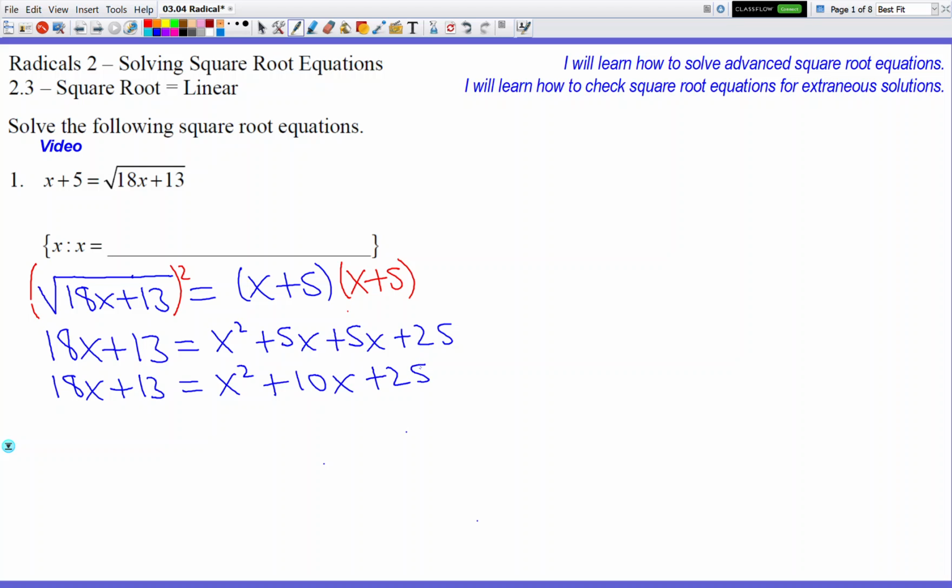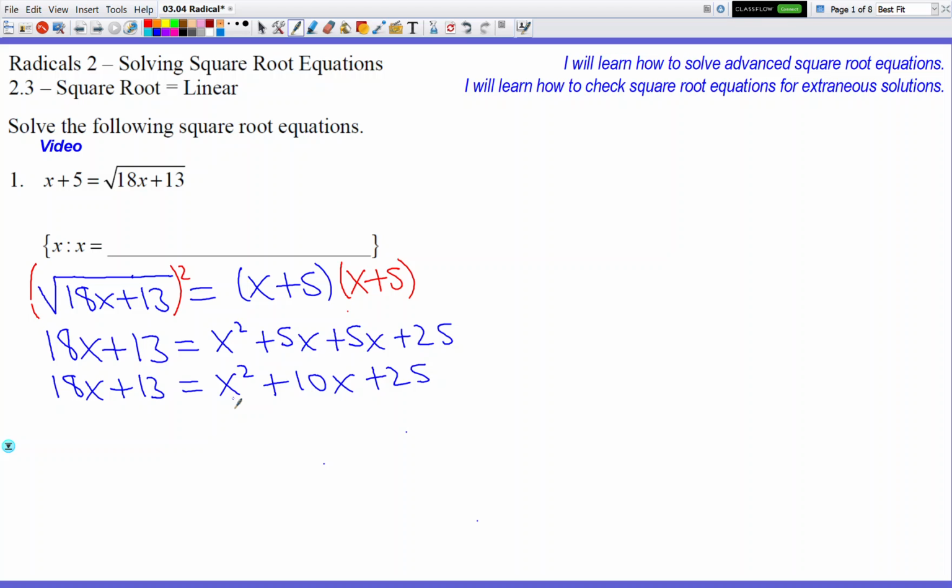Okay, so now that we have a square in the problem, we have a quadratic, and that's going to call for different steps. You're going to have to get everything on one side equal to 0. That's what it's going to take to start the process called solving for x. You can move everybody to the left side if you want to, but that's going to cause your x squared to be negative. And we don't want that.